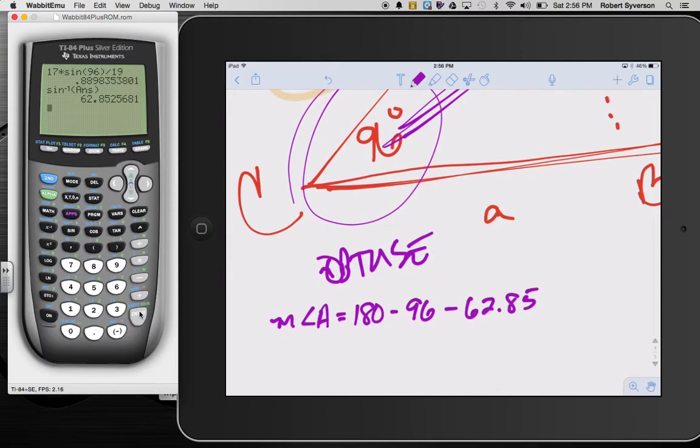Okay? So what does that come out to be? Let's see. 180 minus 96 minus 62.85. 21.15. 21.15. That's going to be the measure of angle A.